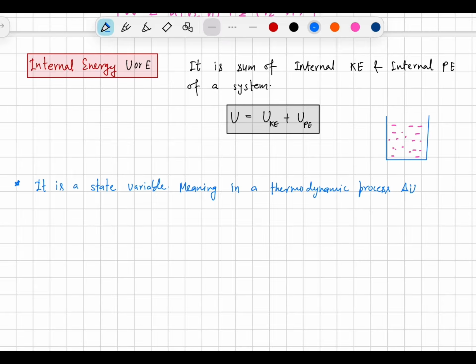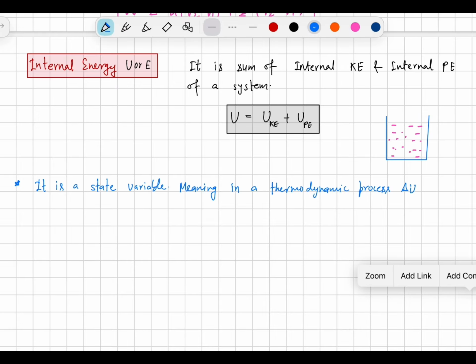Suppose there was a process that started from state A to state B. The change in the internal energy will not depend on the path. It will only depend on the initial and final position. That is the meaning of a state variable, right?